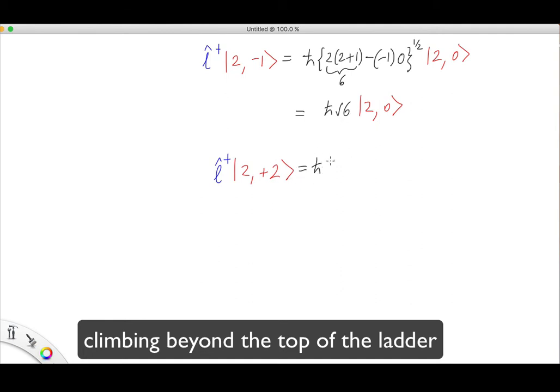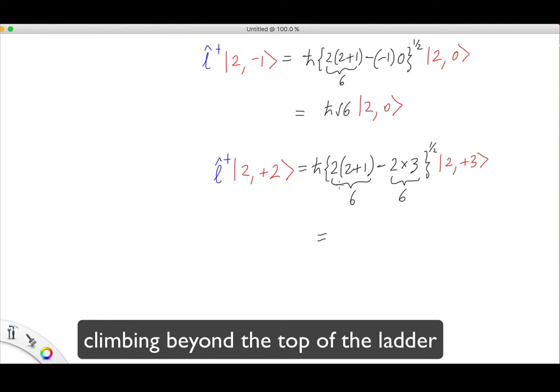We would get h bar times again L times L plus 1 minus the old value of ml, which is 2, times the new value of ml, which would have 2 raised to 3, square rooted, and then we'd get the state 2 plus 3, which actually is an illegal state, but we don't need to worry about that because this factor here, if we evaluate it, this is 2 times 3 is 6, and this is also 6.